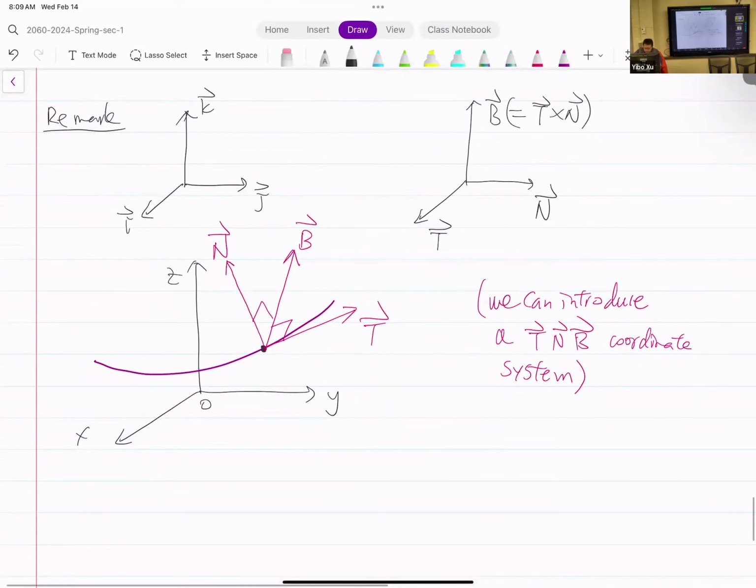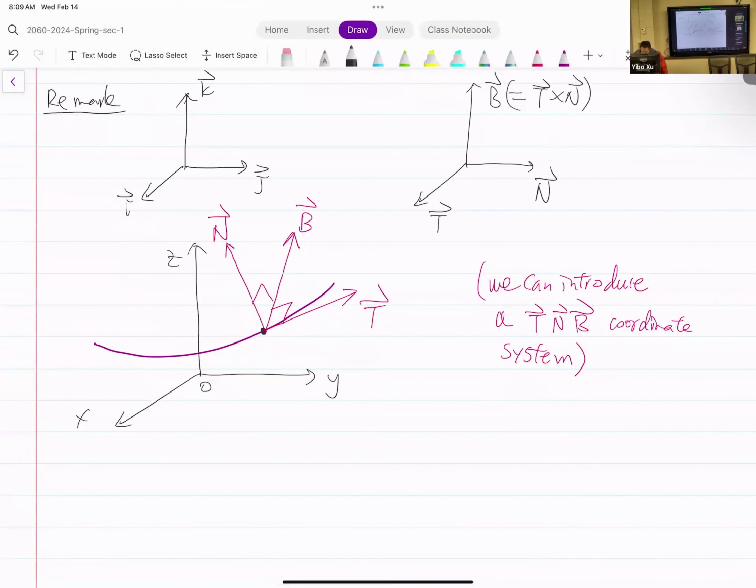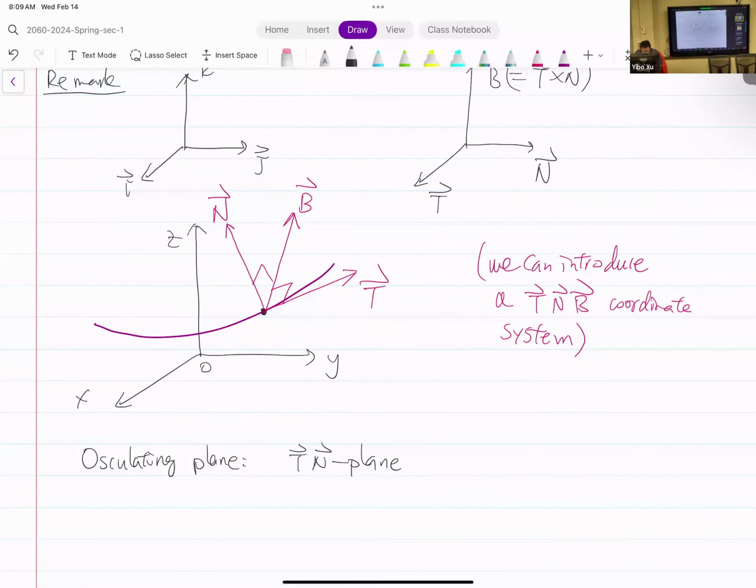Right. So here, then we have three terminologies for the planes. Okay. So this is what's called the osculating plane. That's the TN plane. And then there's the normal plane. Which is the NB plane.